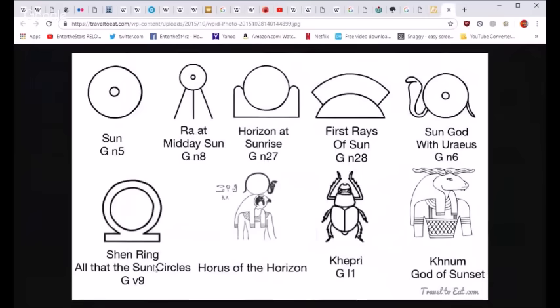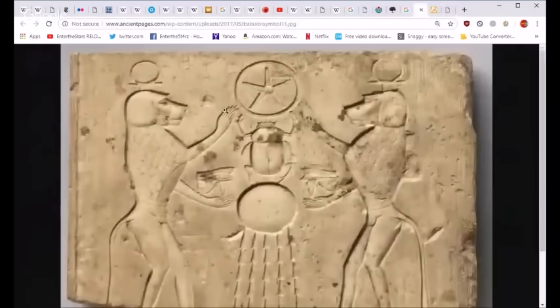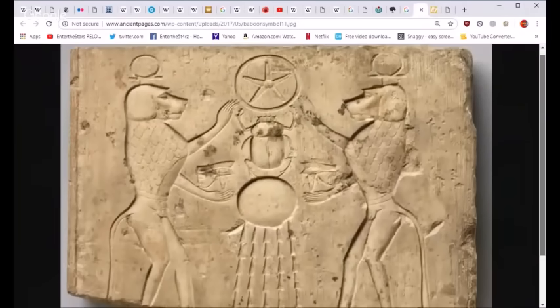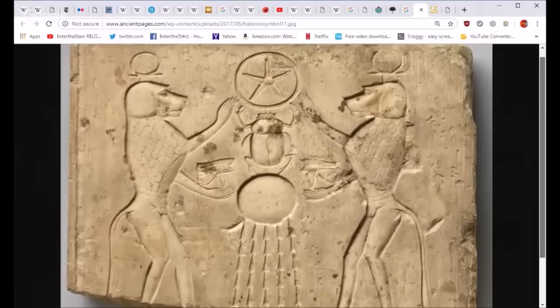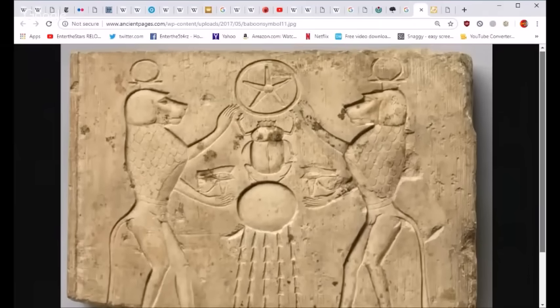Here they show it as a shin ring. All that, the sun circles. So you've got these Q-like images here. A quappa or the rising sun is how they're explaining it. But until you understand what's going on here, that this entire image is basically showing us gates, the letter Q, you really can't understand what you're looking at.